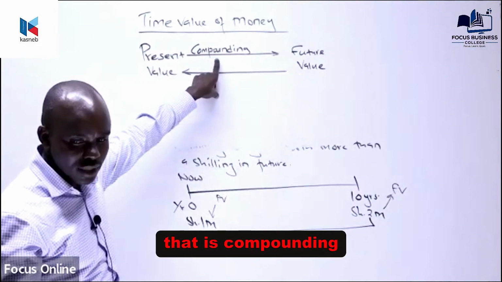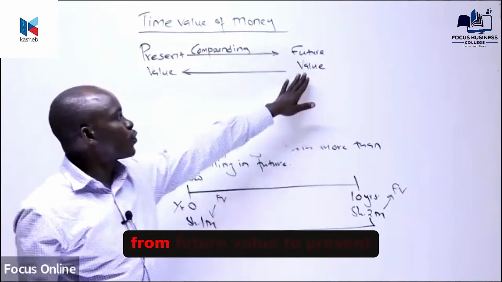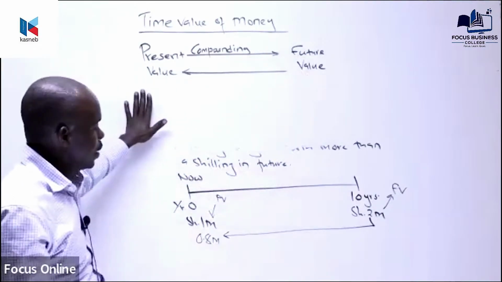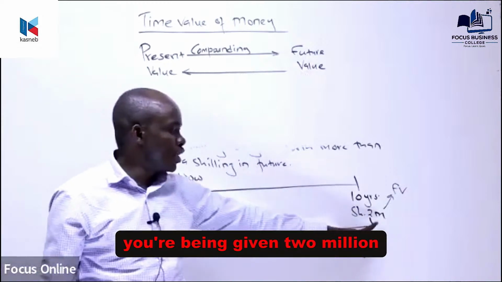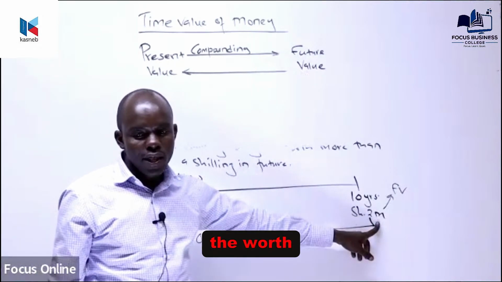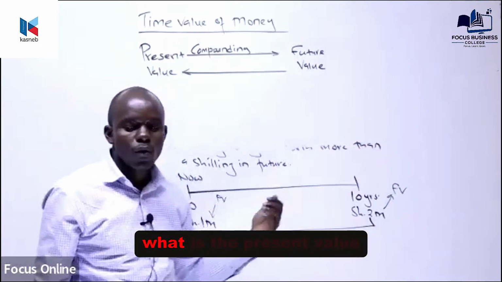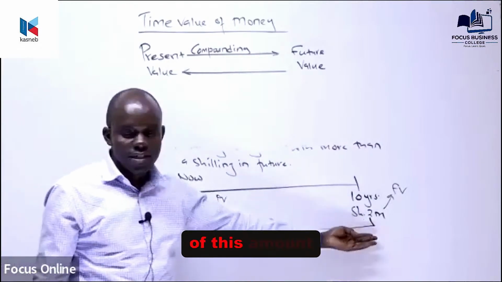The other one, we are moving from future value to present value. Like in this case, you're being given 2 million shillings after 10 years. But we want to know what is the worth of 2 million shillings 10 years to come. What is the present value of this amount?